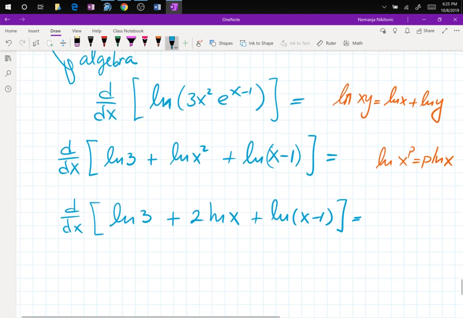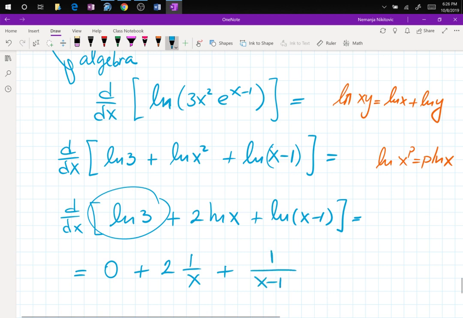So now when you take the derivative, a constant is 0, plus 2 times 1 over x, plus the derivative on top of x minus 1, which is just 1.